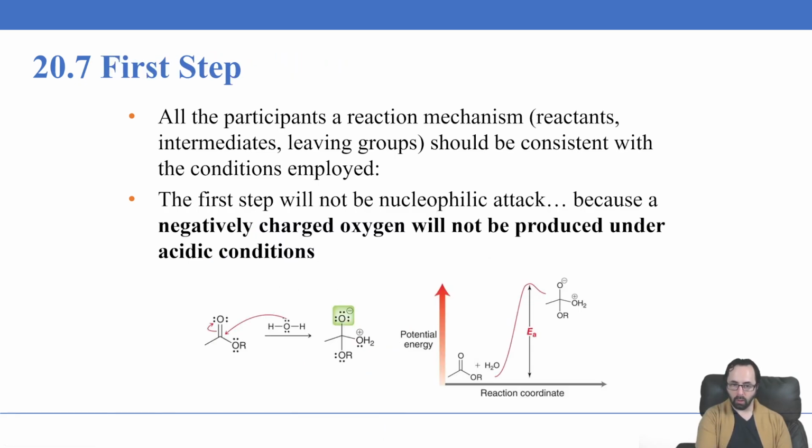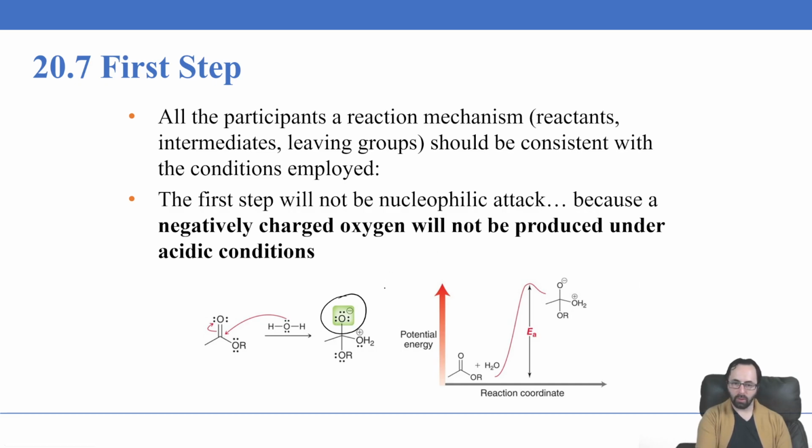Why? Well, if we did the nucleophilic attack first in this way, we would have a negatively charged alkoxide ion, and we end up with a positively charged water here and a negatively charged oxygen. This kind of situation is highly unstable, so we'd have a huge activation energy for this.